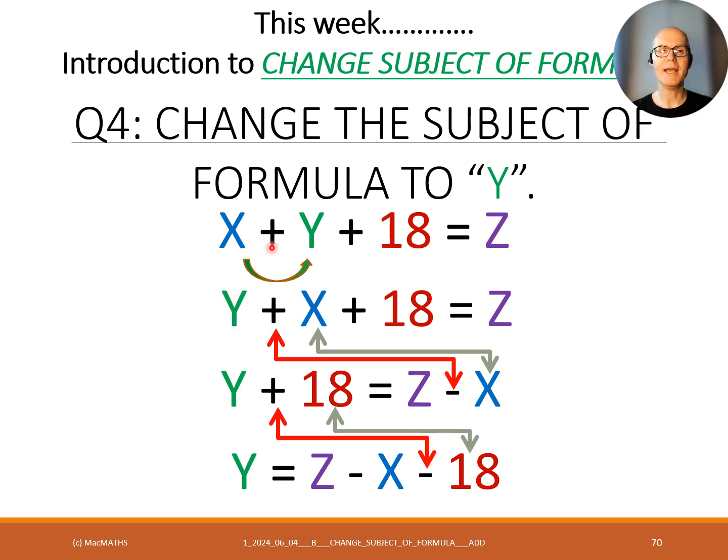We started with x plus y plus 18 equals z. The objective was to change the subject of the formula to y, and now we have y equals z minus x minus 18.